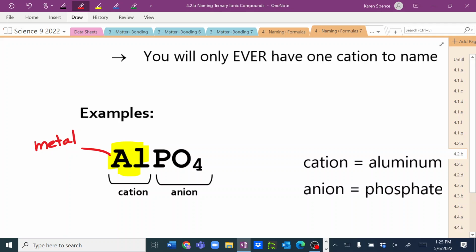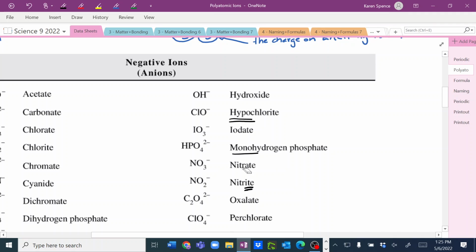Could you please go on your pink sheet and look up PO4? Probably in the P section. Yes. Now the nice thing about this sheet is that it is in alphabetical order, so you will find phosphate in the P's.